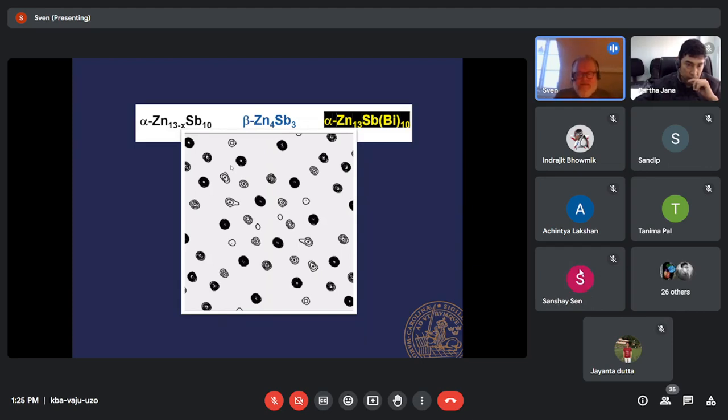We can get some help by looking at what goes on at different temperatures or with doping. So I'm now going to bring in the low temperature form, the beta form, in blue. And you can see that the blue electron densities don't quite overlap with the black ones.